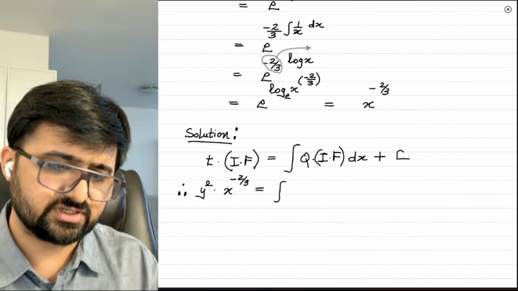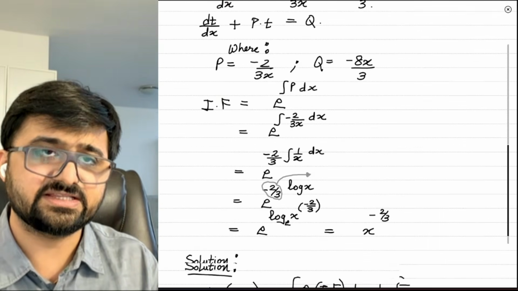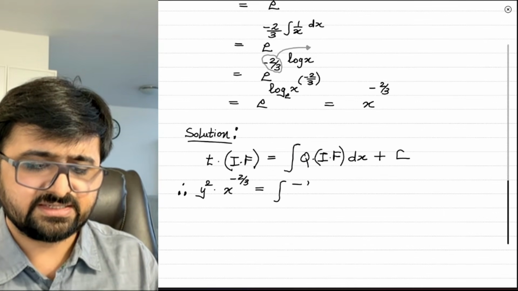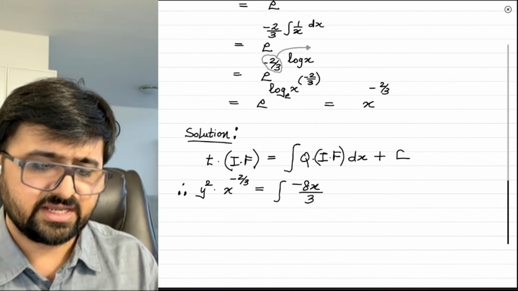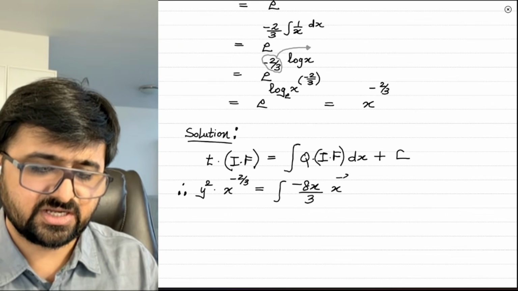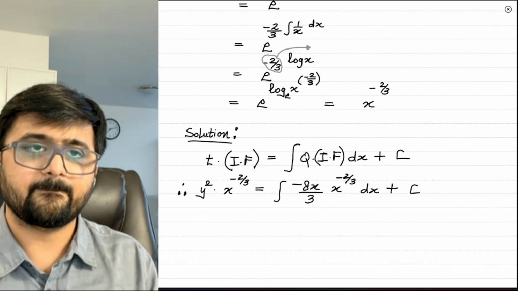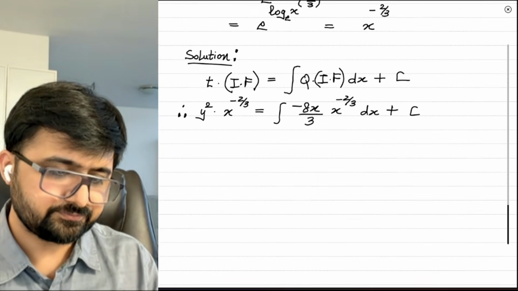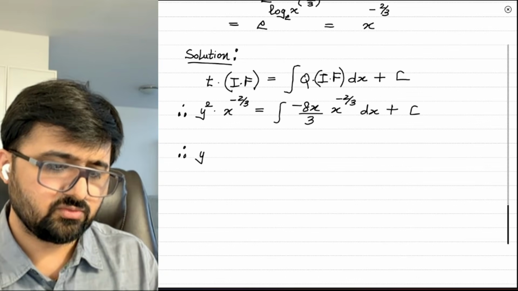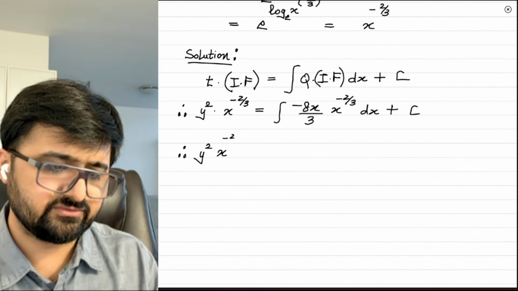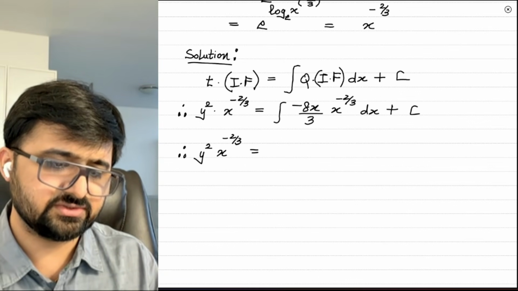Q is minus 8x by 3 and the integrating factor is x to the power minus 2 by 3, dx plus c.